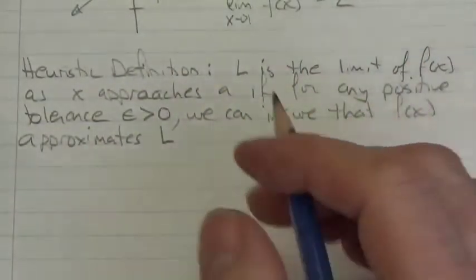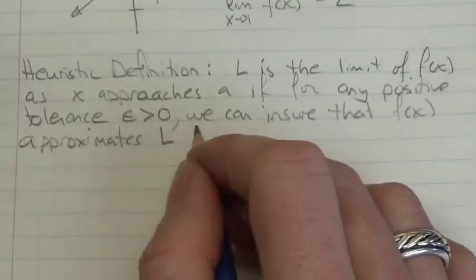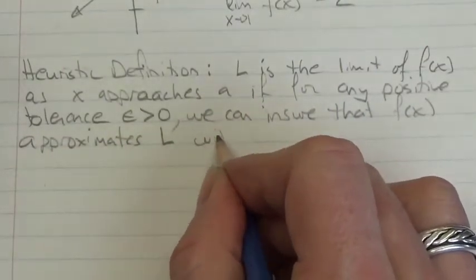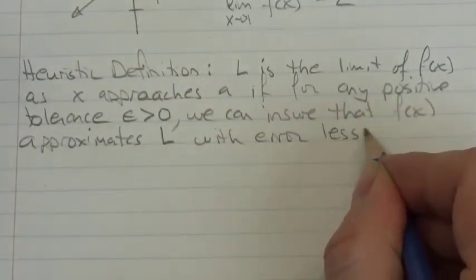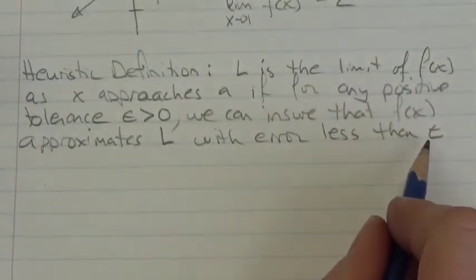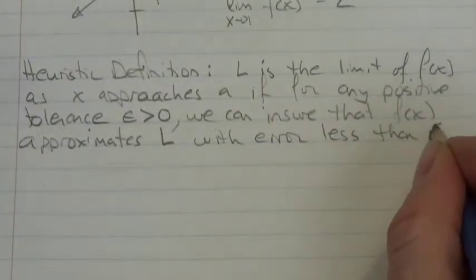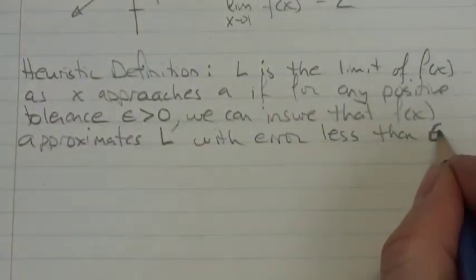We guessed that L was the limit, now we're going to verify that it is the limit. We can ensure that f of x approximates L with error less than epsilon, which is what we want. That's my tolerance, right? So I certainly don't want to miss my target by more than epsilon. Epsilon is what I'm allowed.